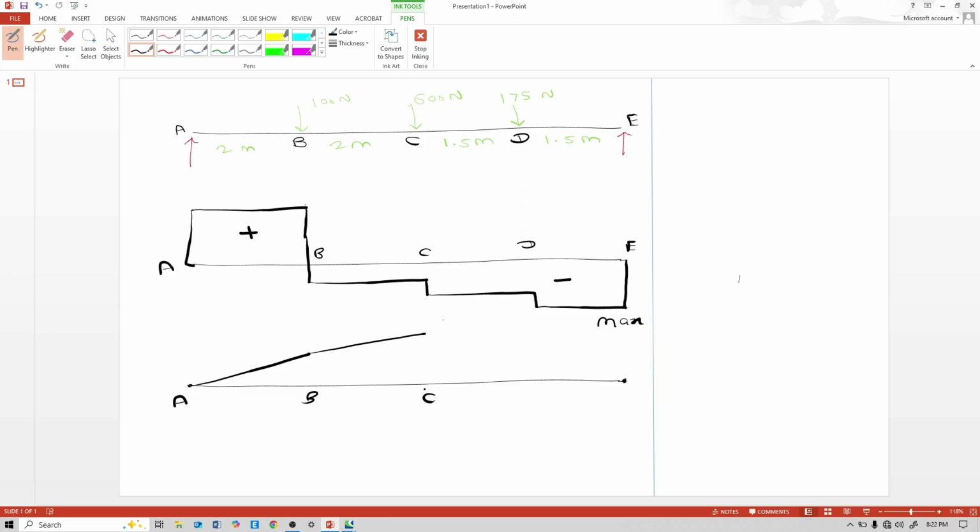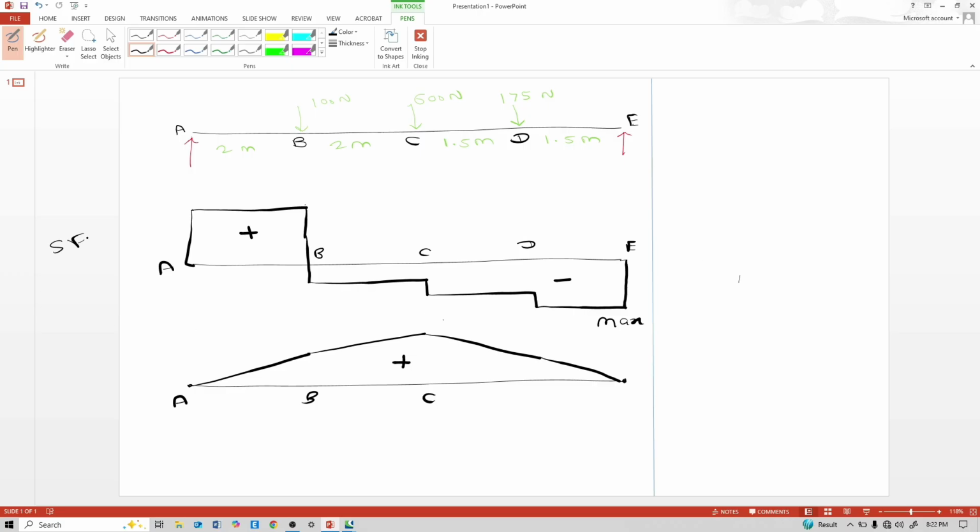At point C, at point D it is like this, and at point E it is 0. That means this is positive. So now we calculate values for that SFD and BMD.